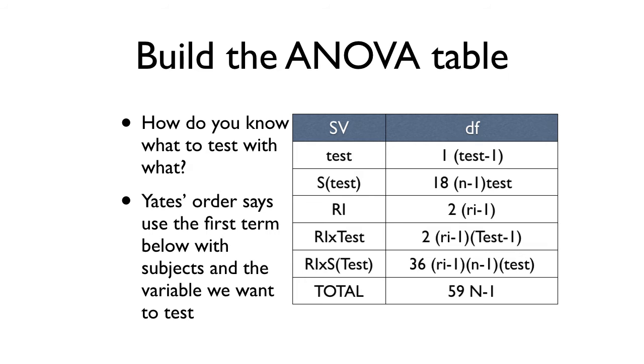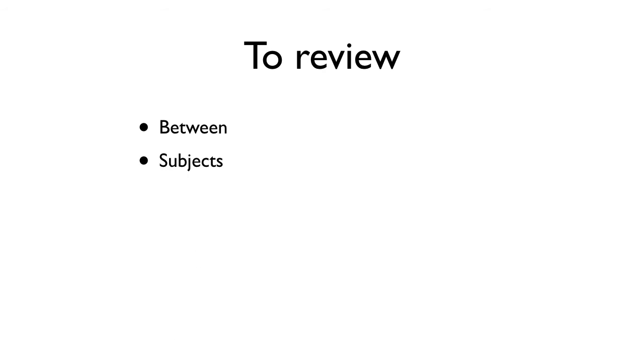All right. So to review how to do this, you list your between subjects factors, then you list your subjects, and then you list your within subjects factors. And then as you go along, you do the interactions of each factor with everything above it.